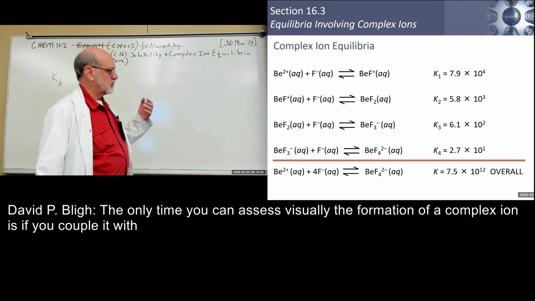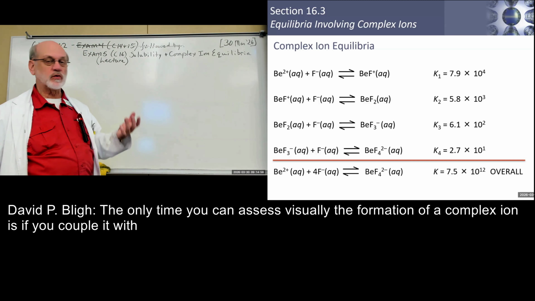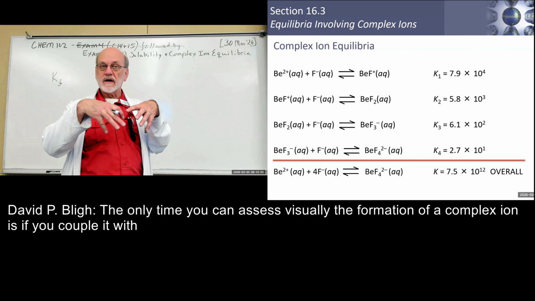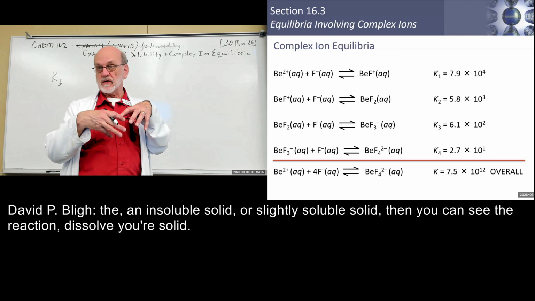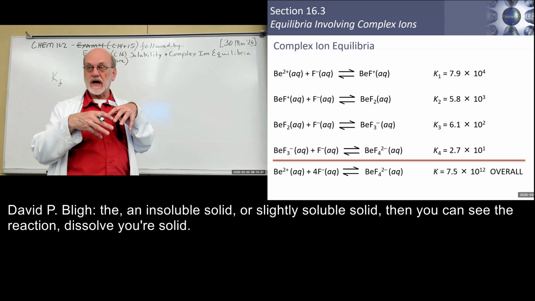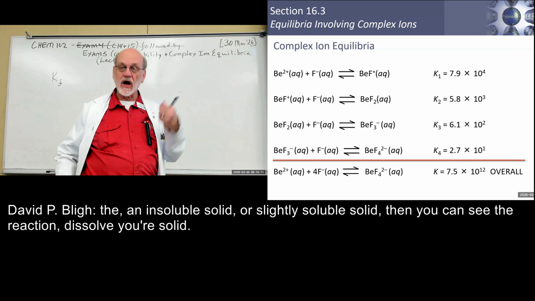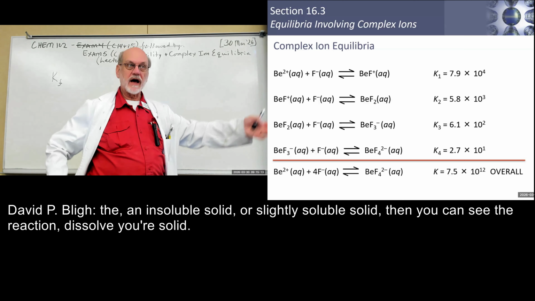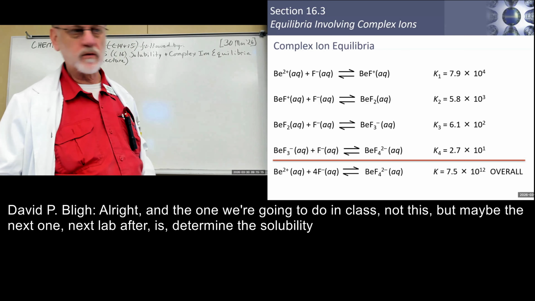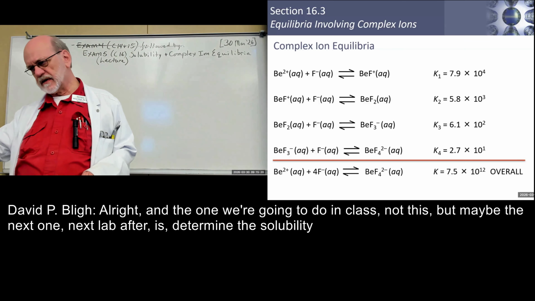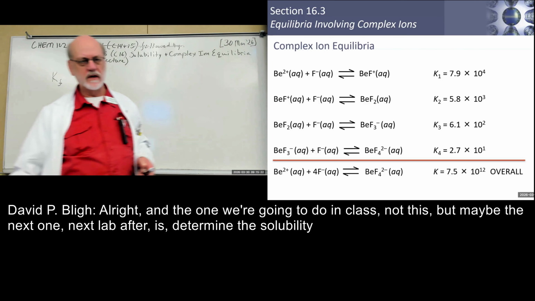The only time you can assess visually the formation of a complex ion is if you couple it with an insoluble or slightly soluble solid. Then you can see the reaction dissolve your solid.